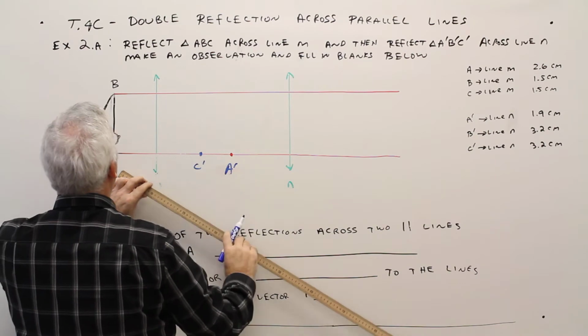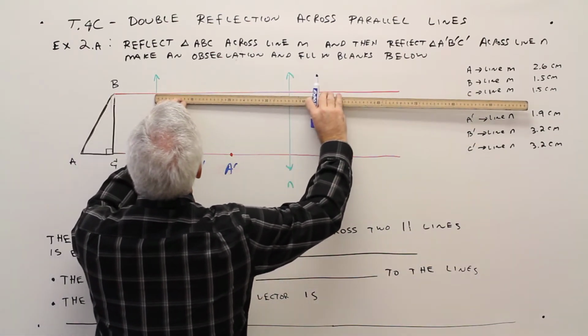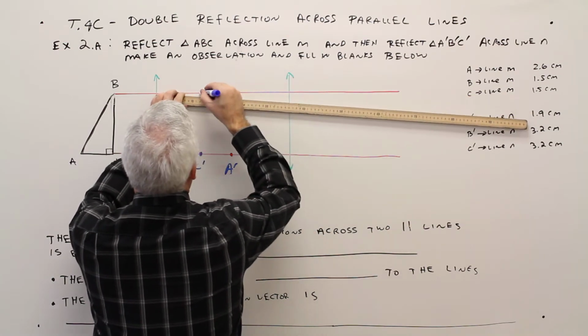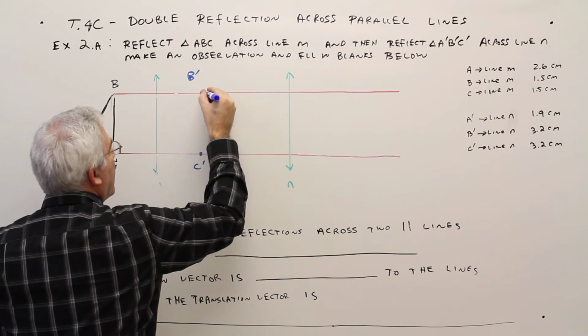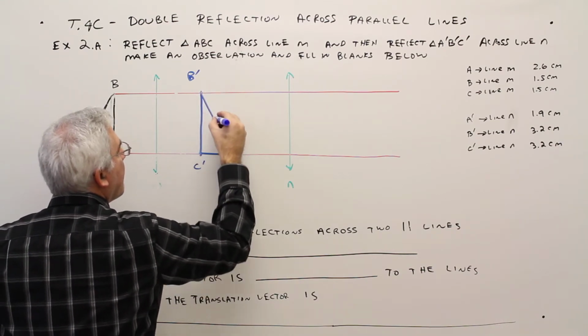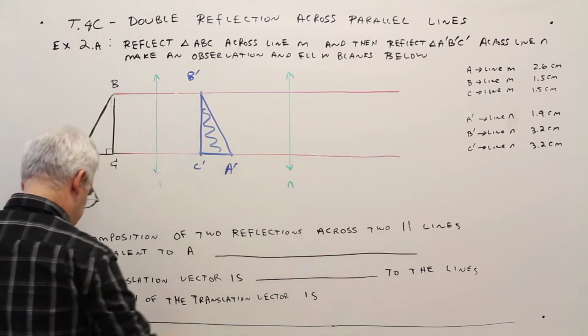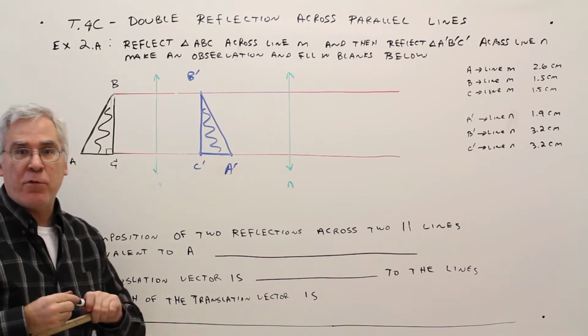That'll be a C prime. And then once again, like a 12 there, like a 12 there. That'll be B prime. And again, you can use a ruler here. I'm just trying to speed things up. So that's the first reflection.